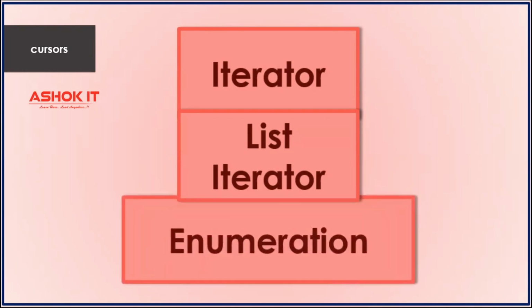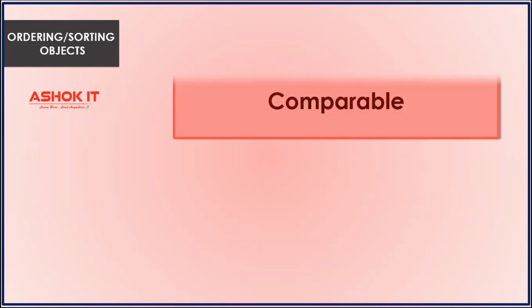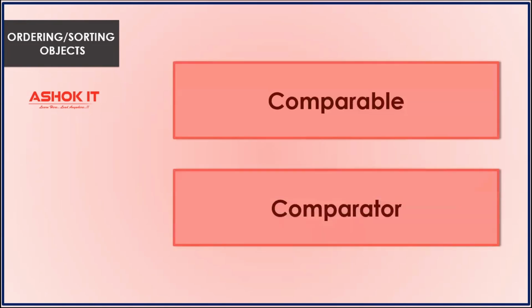Next, we will be moving to the sorting in collections using comparable and comparator interface. So next we will be seeing how to sort the collection objects. So sorting and ordering of collection objects we will be seeing, which will be done in case of collections using comparator and comparable interface. So comparable and comparator interfaces are used for sorting collection objects.